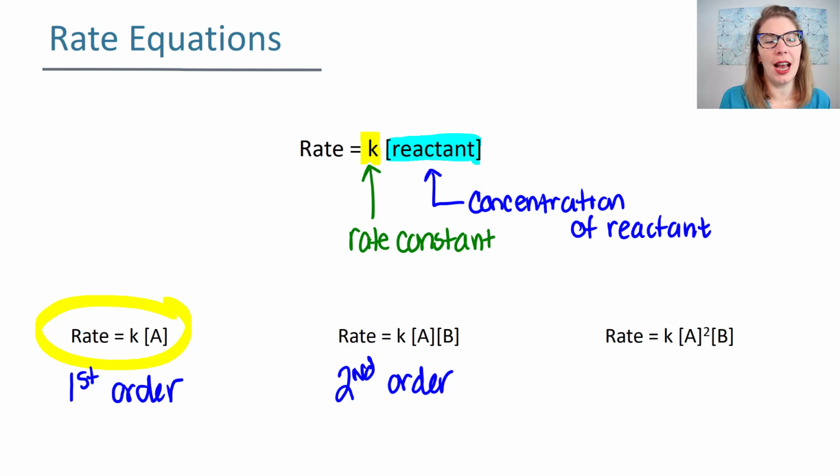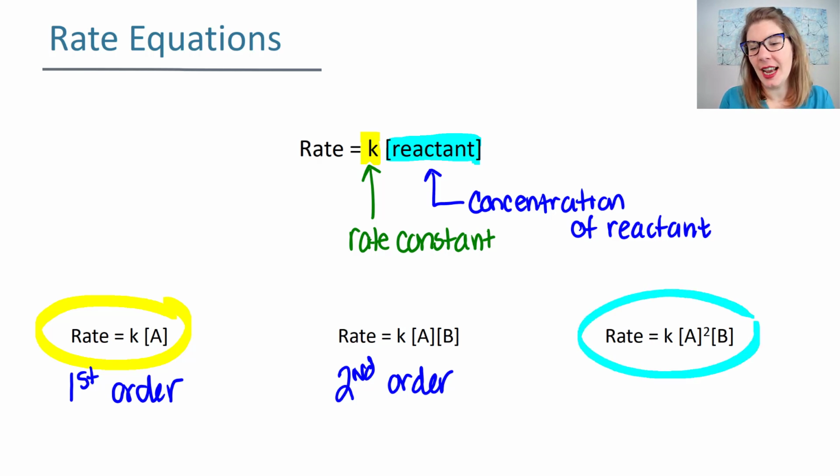And then the third one is, see how you can have a squared next to a certain concentration? This would be an example of a third order rate equation. And so when you're looking at order, really all you're doing is you're considering how many species are involved in the rate equation and if there is an exponent on one of those species.